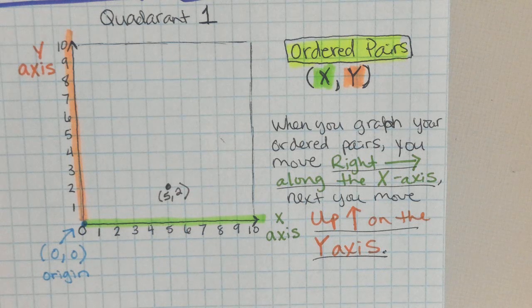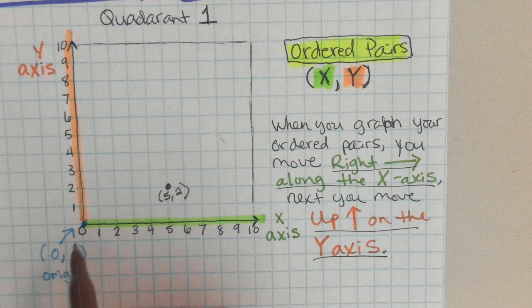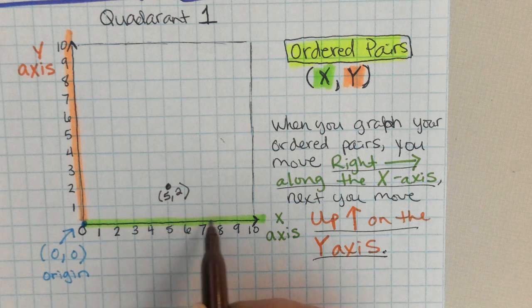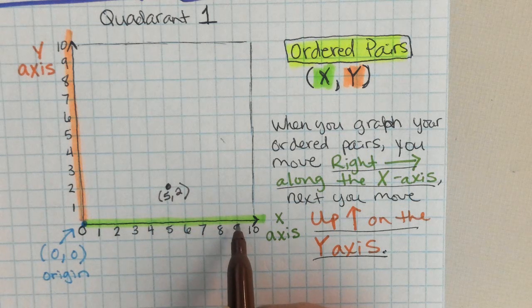All right, let's try one more and then I'm going to have you practice on the board. All right, who would like to give me an ordered pair? Kenny, give me an ordered pair. 9, 6. All right, so start at the origin. You always want to start at the origin. Go right all the way to the 9. Make sure that there is a 9 on the x-axis.